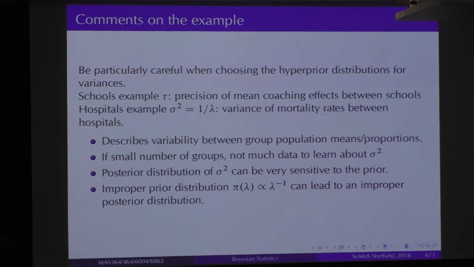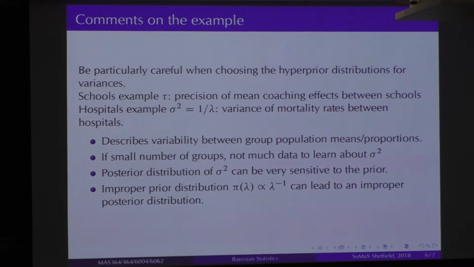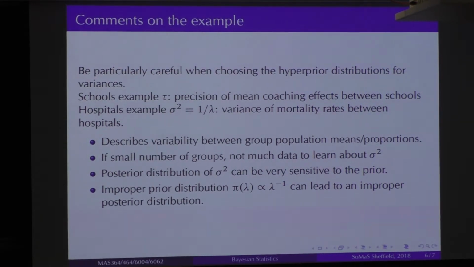In some cases, if you read some papers, they tend to use improper prior distributions to try and reflect the fact that you don't have a lot of information about the scale. So try to get all the information you can from the sample. But usually, at least in examples like we have here, that will yield a non-proper posterior. So that will invalidate the Bayesian analysis because you won't have a proper posterior density. Okay?